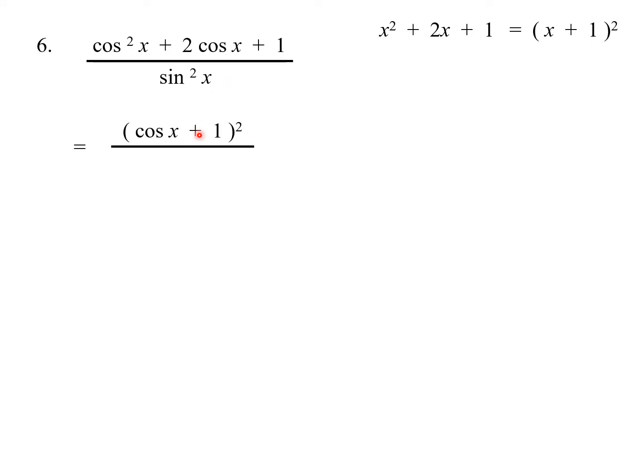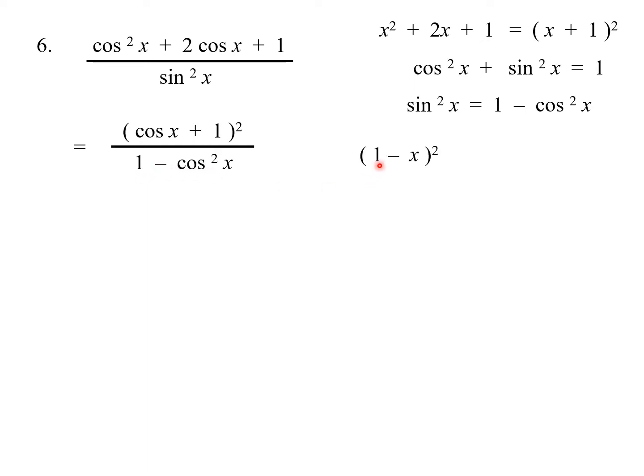Now, that's the numerator. Now the denominator, sine squared of x, by the same argument as we used in number 5, we can substitute 1 minus cosine squared of x in for sine squared of x. Okay? All right, now I recognize the denominator as a difference of perfect squares. 1 is a perfect square, cosine squared is a perfect square. And so this is really kind of a squared minus b squared, or 1 minus x squared.